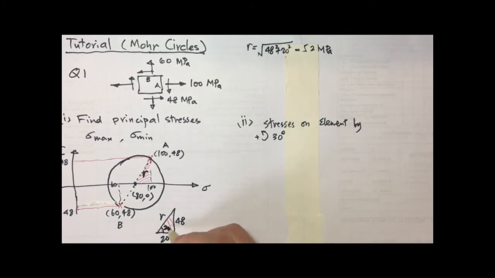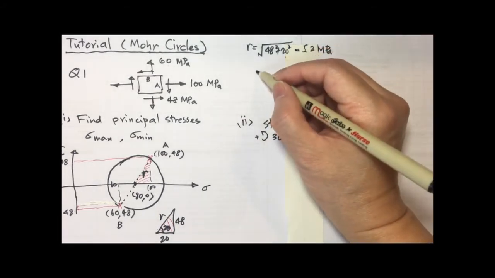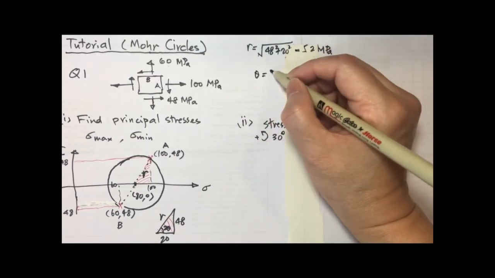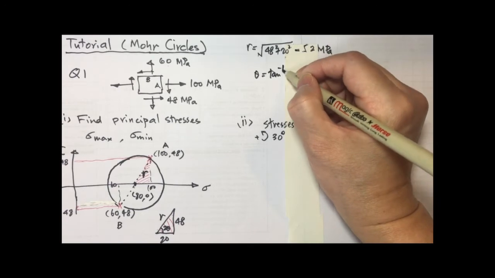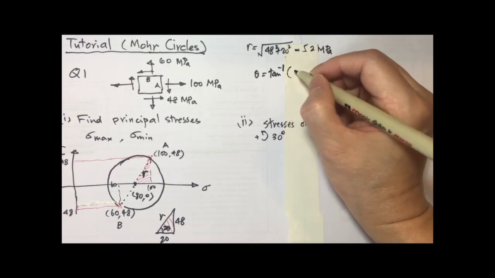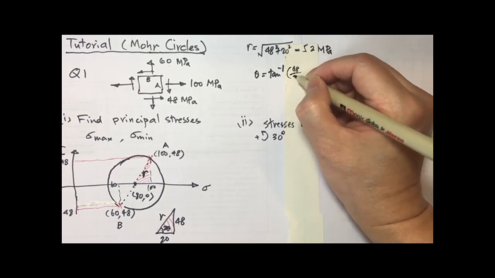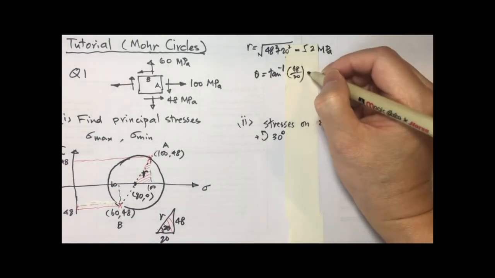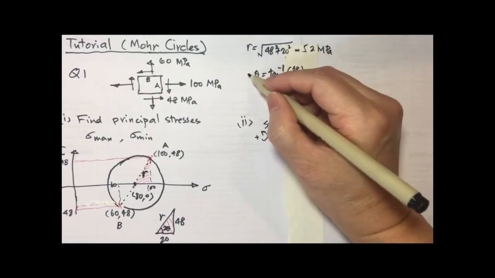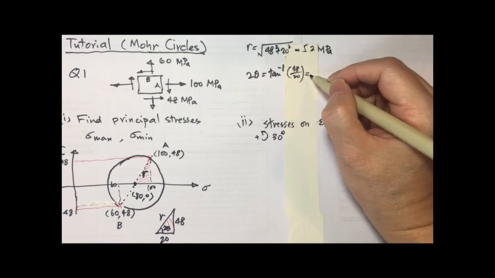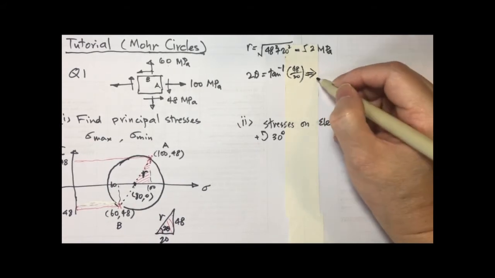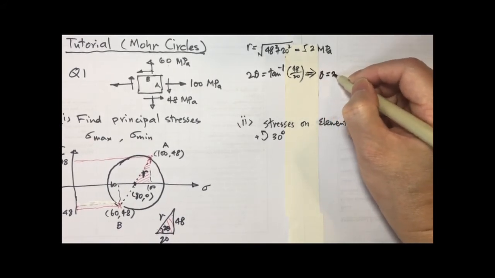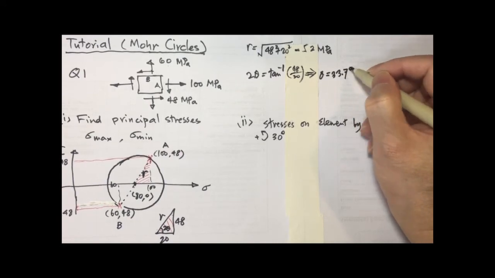Okay. Now what about the theta here? Now that's 2 theta, right? Because in Mohr circle we always have that 2 theta. So 2 theta equals arctangent of 48 divided by 20, and that will give you theta equals 33.7 degrees.